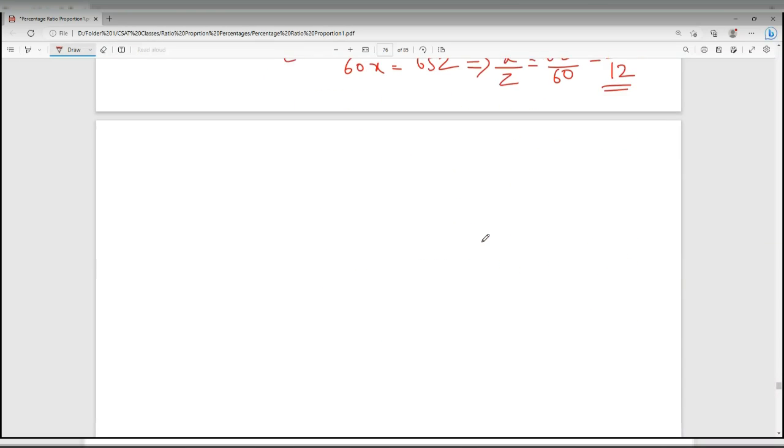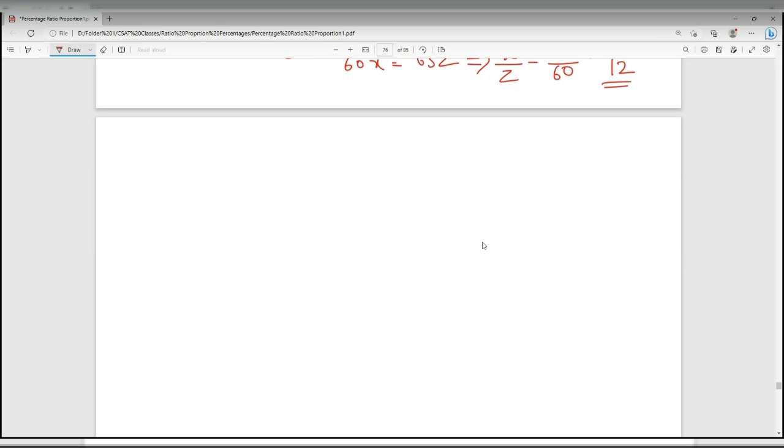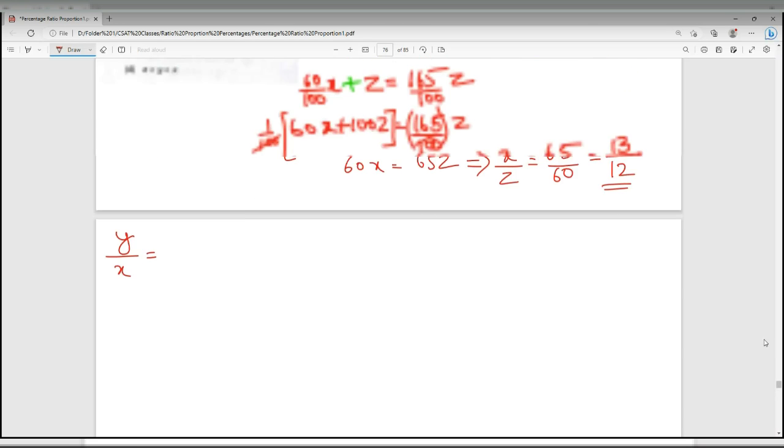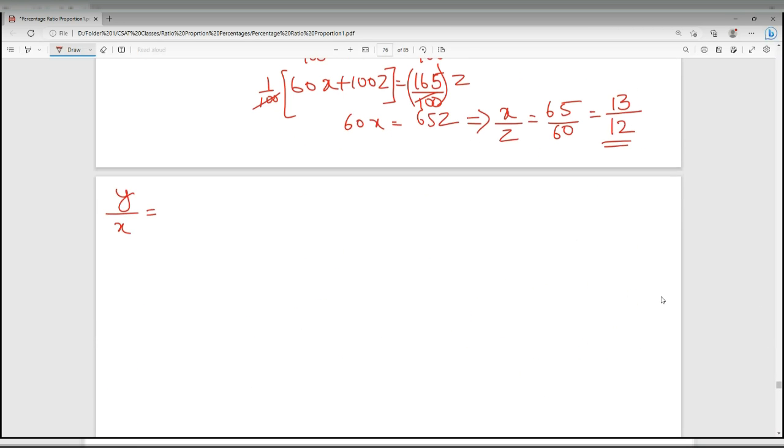Write it here. So we have y by x is equal to 14 by 13, and x by z is equal to 13 by 12. So y is to x, and then we have x is to z.